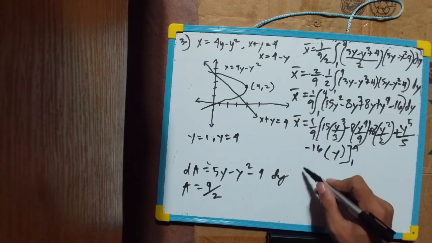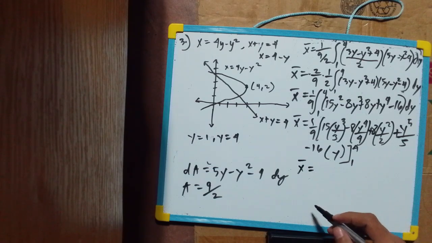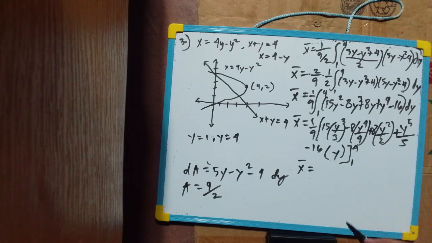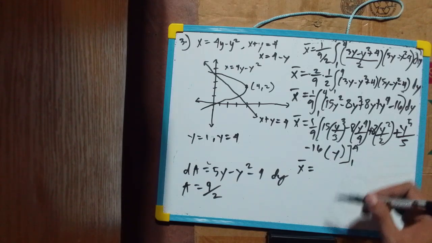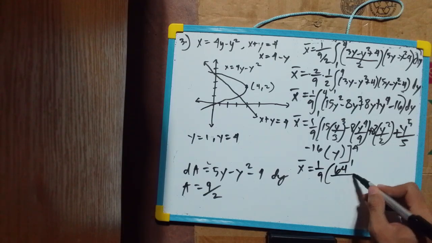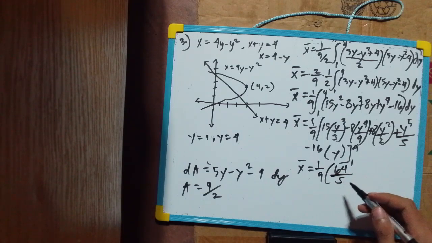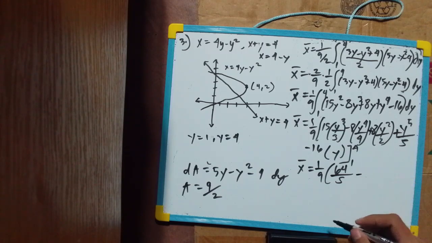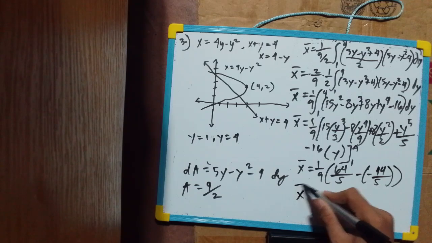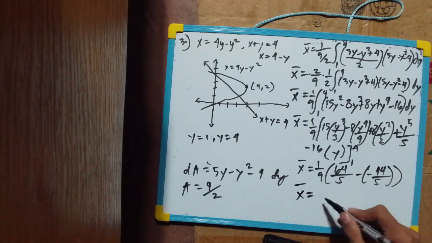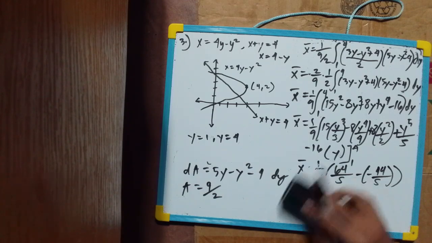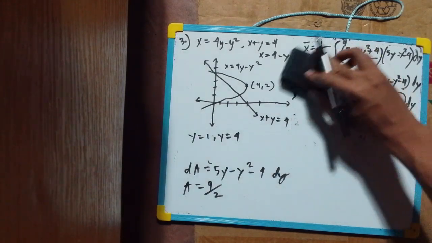So the x mean is equal to, substituting the 4 will result to 64 over 5, and substituting 1 will result to negative 44 over 5. So x mean is equal to 12 over 5. Next, we find the y mean.